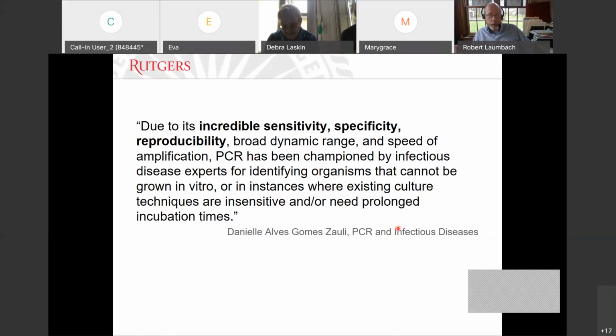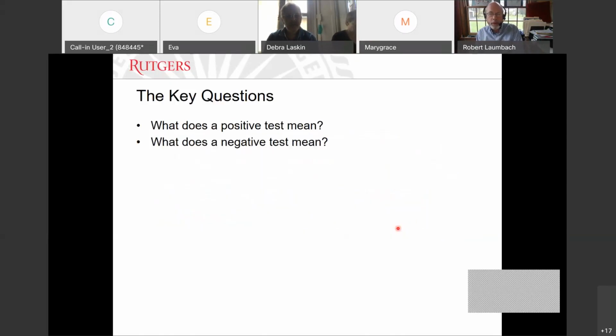So in addition to these practical aspects, that it can identify organisms that can't be identified by culture, and the speed with which it can identify, quantify and detect a viral or other RNA, it's also lauded as being incredibly sensitive, specific, and reproducible. We'll see what that means in a moment when we look a little more closely at the evidence.